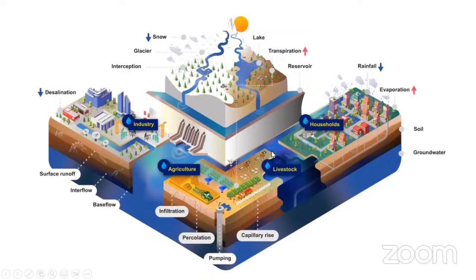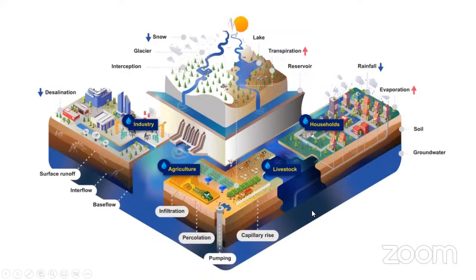Again, nalas connect with the natural streams, and they may reach the groundwater through infiltration, percolation, and capillary rise. From snow, glaciers, reservoirs, all of it reaches these different types of activities, and it collects some pollutants and joins the groundwater. From agriculture there may be pollutants, from households also there may be pollutants.